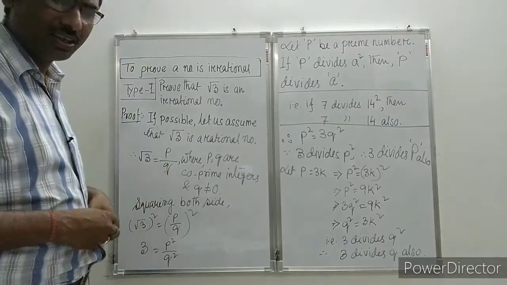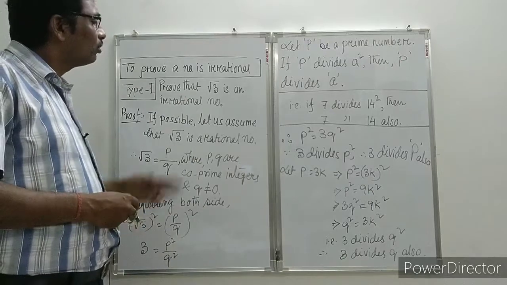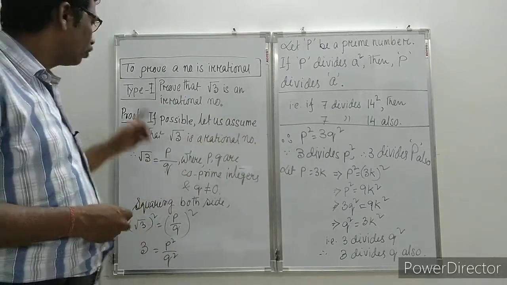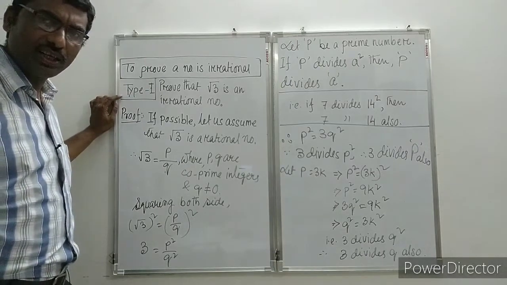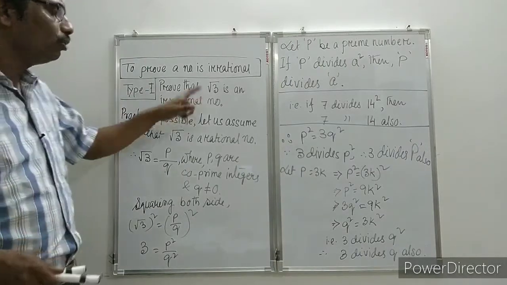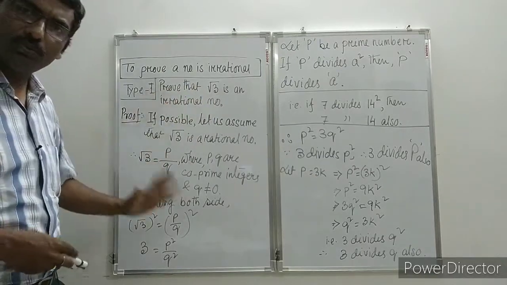That is called the contradiction method. That means it contradicts our assumption. So here is the first type, when the number is given alone, a single number: root 2, root 3, root 5, root 7, whatever it is. How do we prove this type of sum?